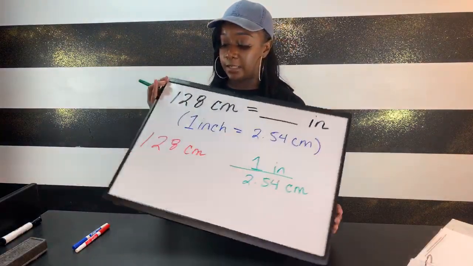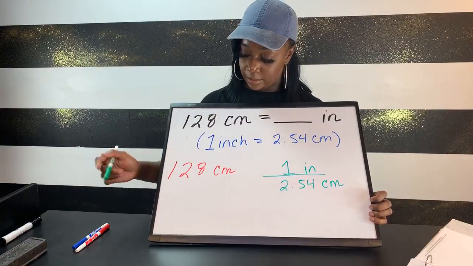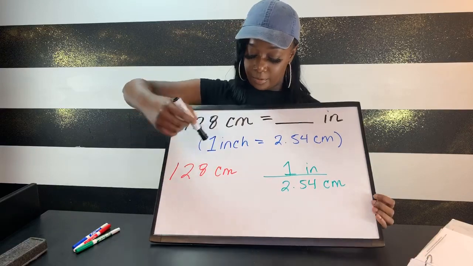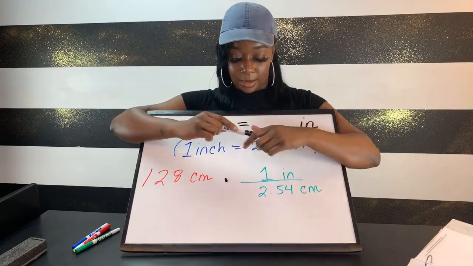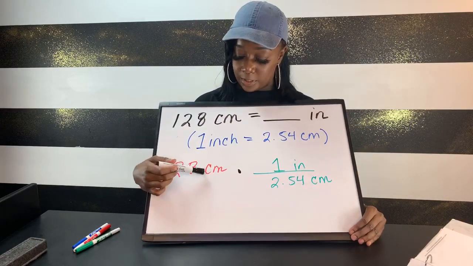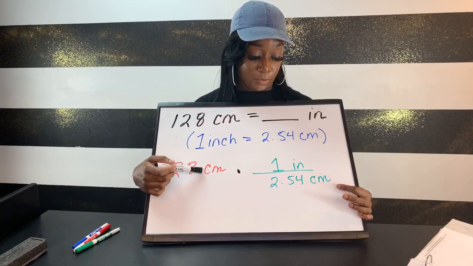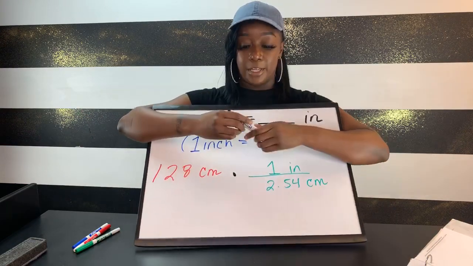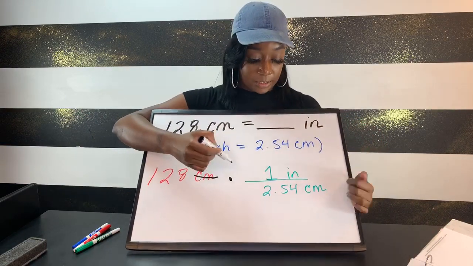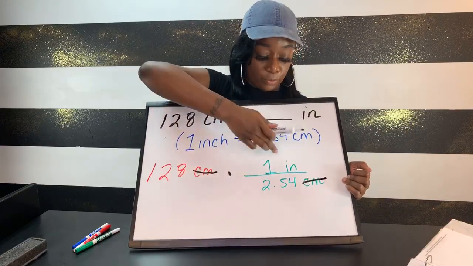All right, so again, when we do our setup, we always start out with whatever we're converting, which is our 128 centimeters. So because centimeters is on top, and that's what I want to cancel out, centimeters has to go on the bottom. Because remember, we're converting from one unit to another. You have to make sure you memorize that. So because the centimeters went on the bottom, they gave me 2.54 centimeters.